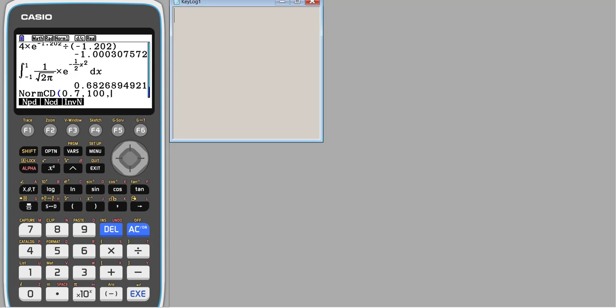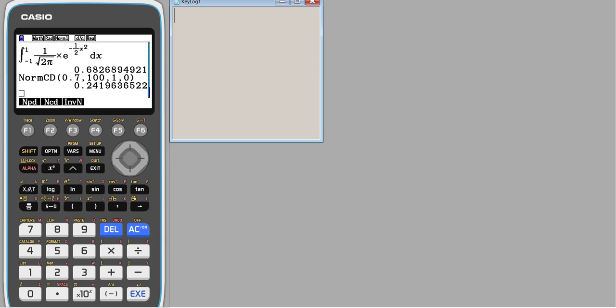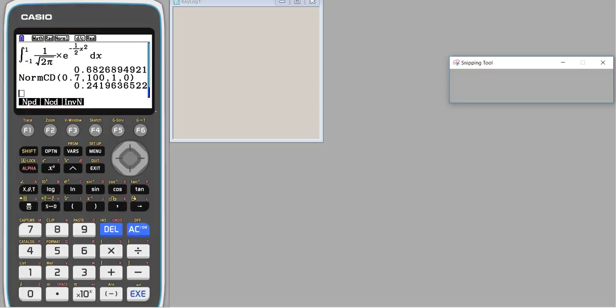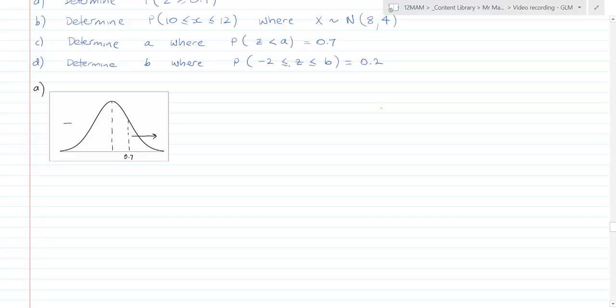And then we've got to put in our distribution information. In this case, we've got a standard deviation of 1 and a mean of 0, close brackets, and that gives me 0.2419. So I might just take a screenshot of that and make some quick notes on it for you, just so we've got the syntax right.